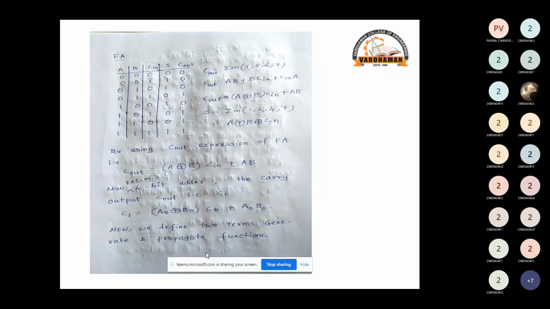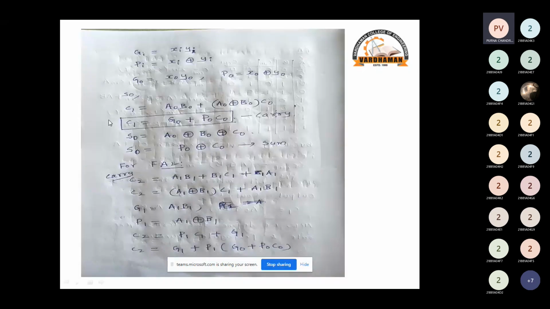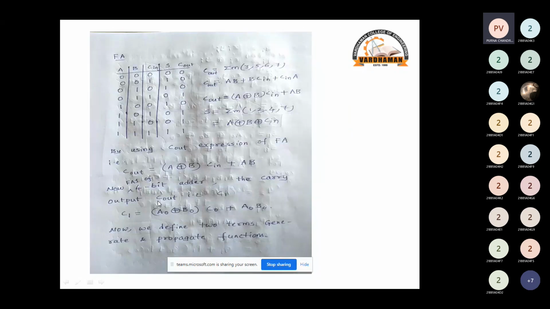Now the generate function, Gi is equal to Xi into Yi, and propagate Pi is equal to Xi XOR Yi. Now we can express C1 in terms of G and P. G0 is equal to X0 into Y0, P0 is equal to X0 XOR Y0. We already have C1 is equal to A0 XOR B0 into C0 plus A0 B0.